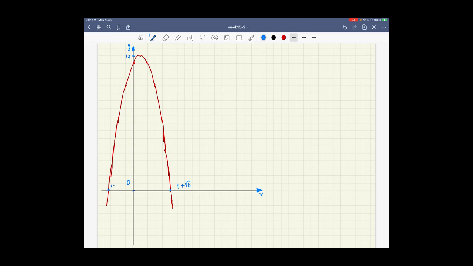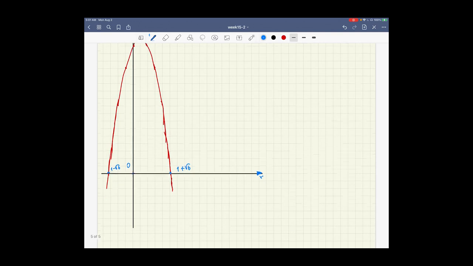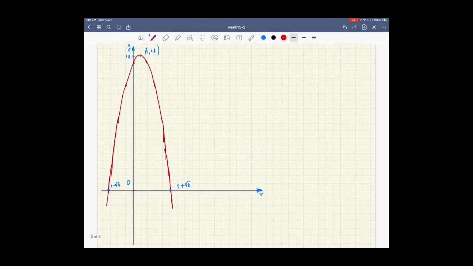This point here is 1 minus root 6. This is 1, 18. And this here is finally the graph of f, which is negative 3 times x minus 1 squared minus 6, or otherwise negative 3x squared plus 6x plus 15.